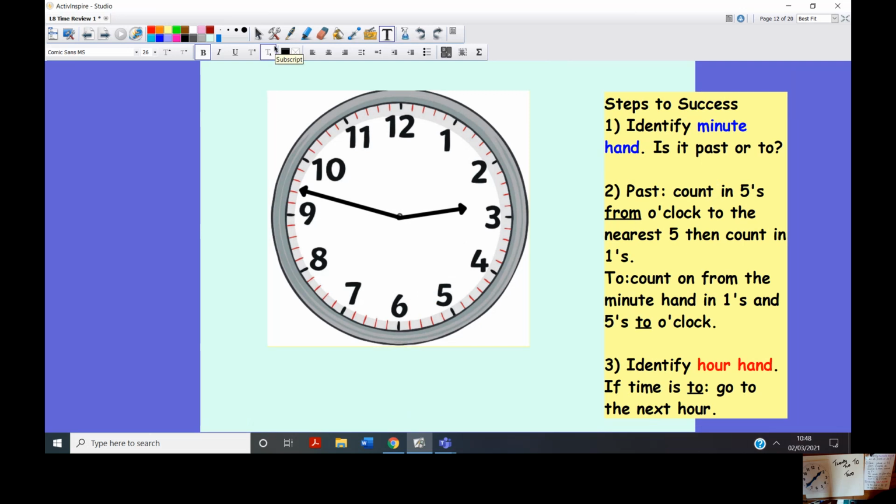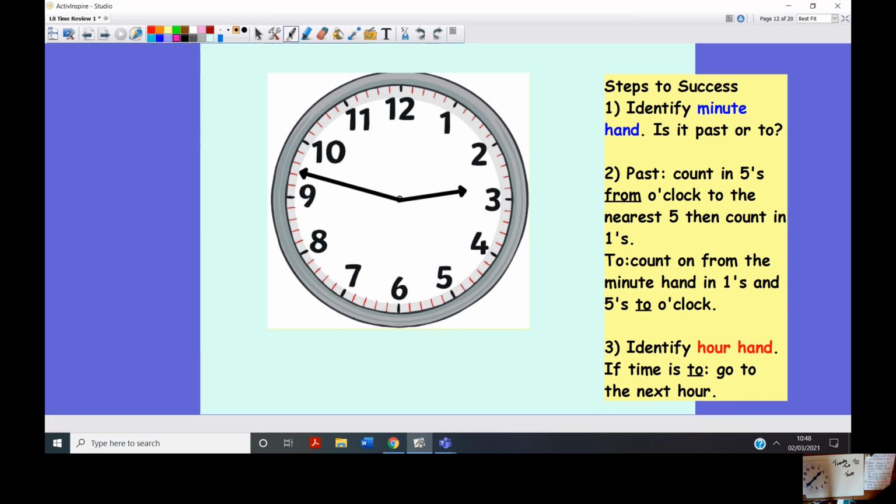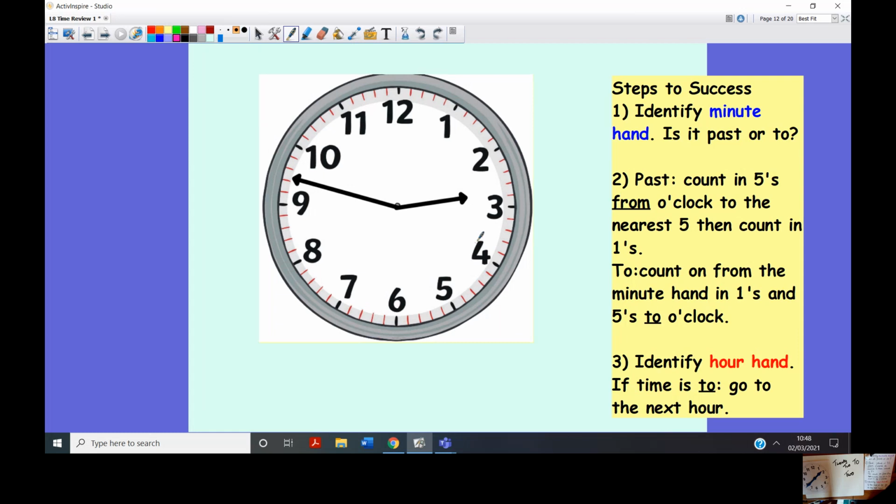With the to the next hour, it's exactly the same, but we're counting to the nearest 5 first. So identify your minute hand, the longer hand. Is it past your half past? Yes, so we know we're going to be looking to the nearest hour. So we need to count on from the minute hand in ones and fives to o'clock.